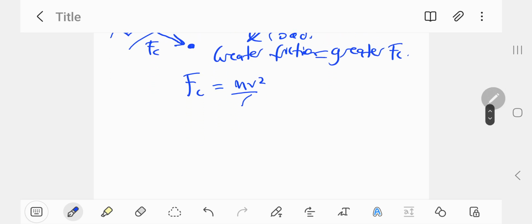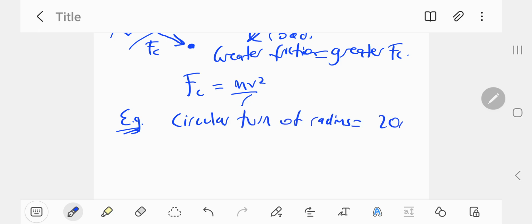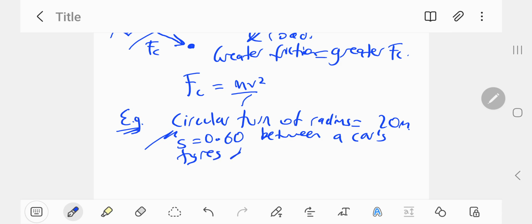Let's see how this works by looking at an example. Suppose you have a circular turn of radius equal to 20 meters. And suppose the coefficient of static friction is 0.6 between the car's tires and the road.